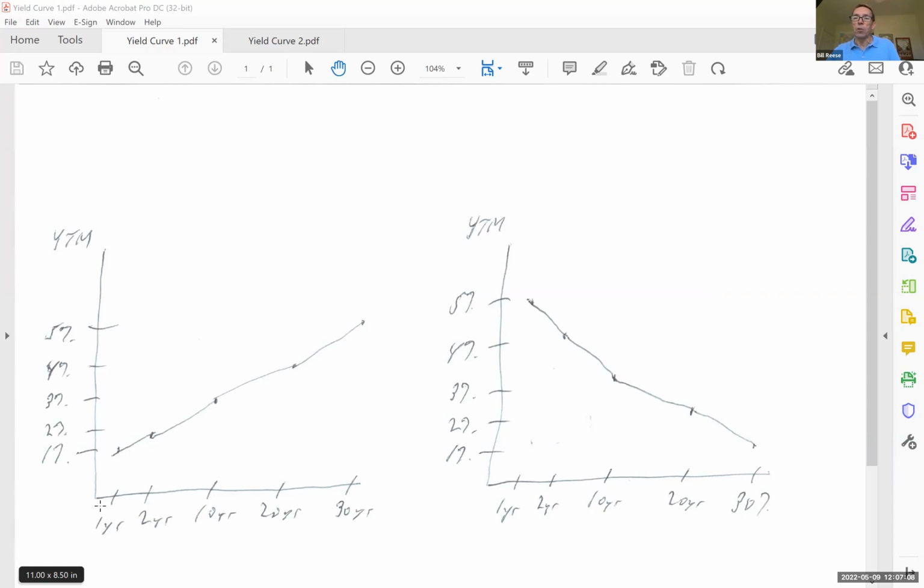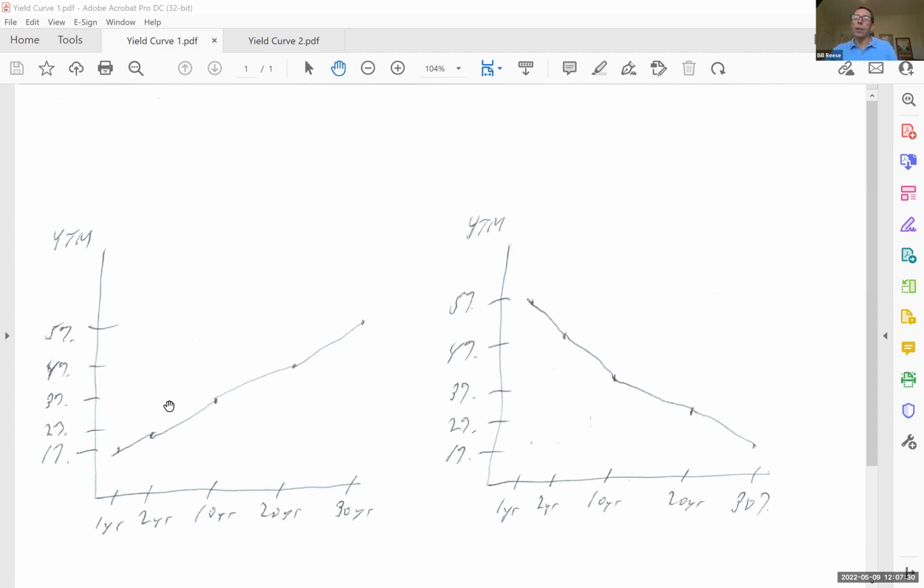Probably 80–90% of the time, you will find this to be the case, that longer term bonds have a higher yield than shorter term bonds. And it won't always be a nice straight line like what I've got here. Sometimes it'll be a little bit flatter at the beginning, and then it goes up more. Maybe it'll have a higher slope at the beginning, and then it's flatter later on.